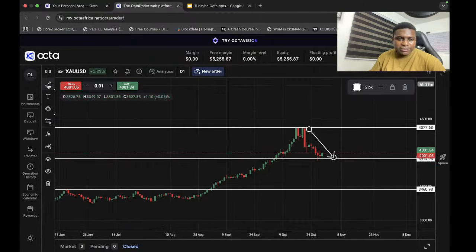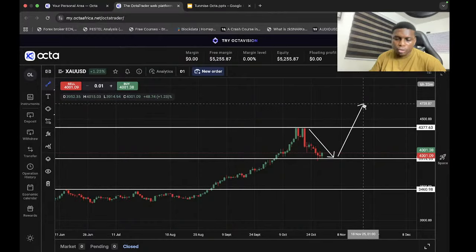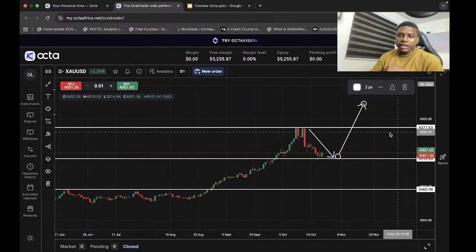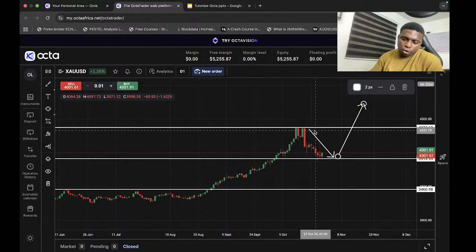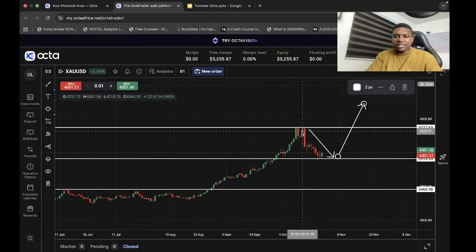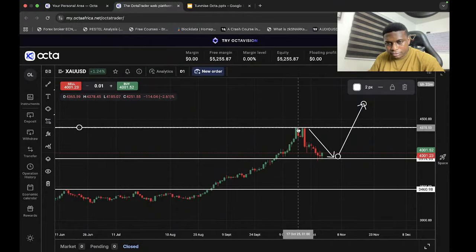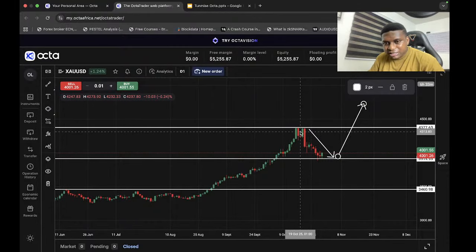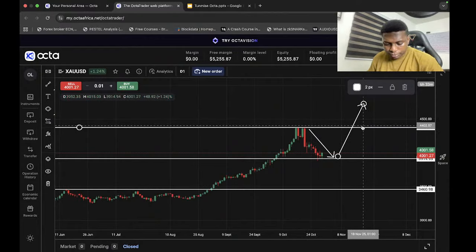All right, what is most likely happening next is a major pump, which would most likely break through the 4,300 mark. Now if this breaks through the 4,300 mark, then 4,300 becomes a resistance turned support zone. So this level, which has acted as a resistance, if it finally breaks through, this 4,300 level will become a support zone.